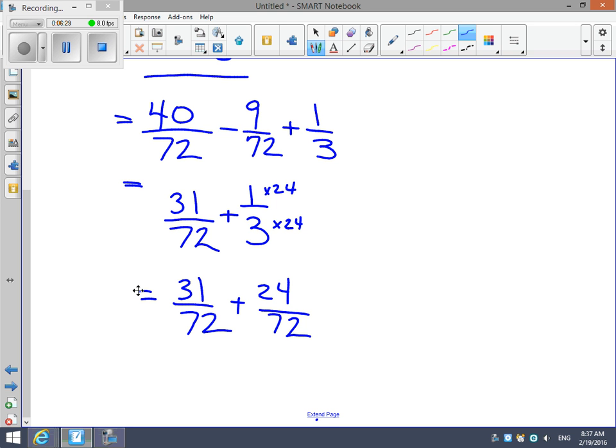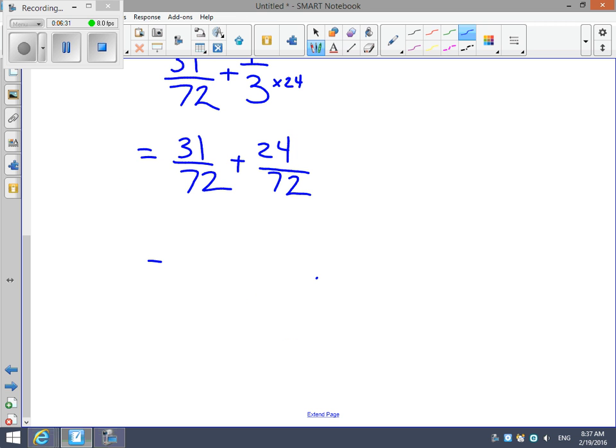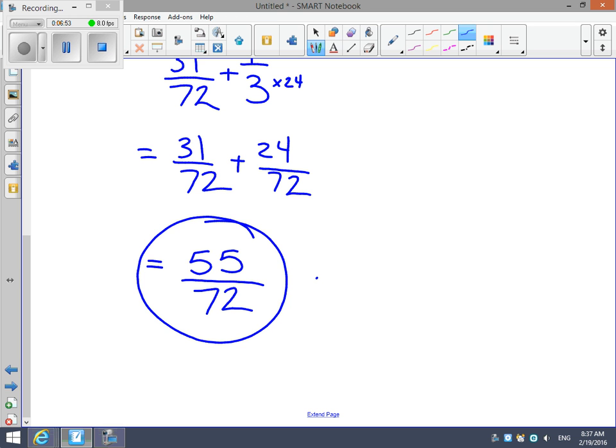And then let me extend my page here for you. 31 and 24 is 55 over 72. We're not going to add the denominators, they stay the same. And I believe that could be our lowest terms. 55 has only a few factors, and none of them besides one going into 72, so that one is done. All right, one last one.